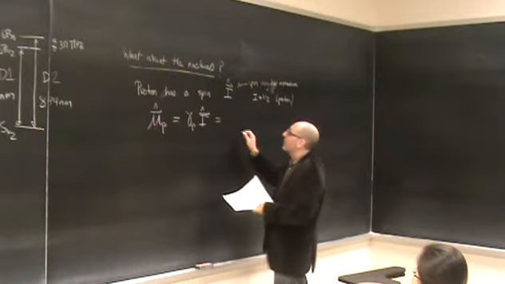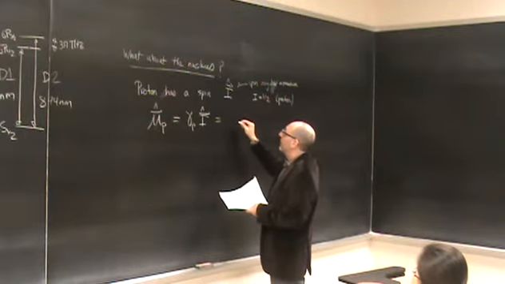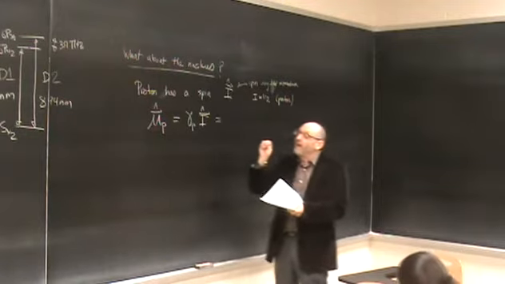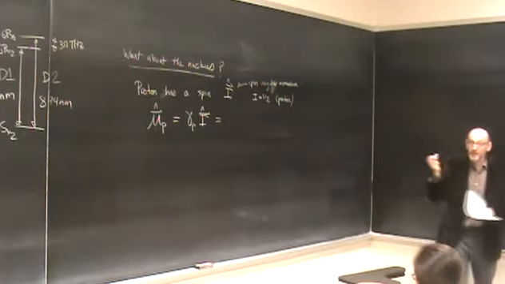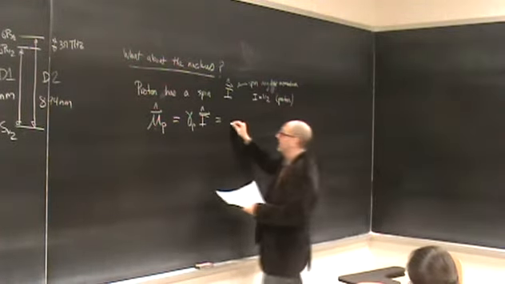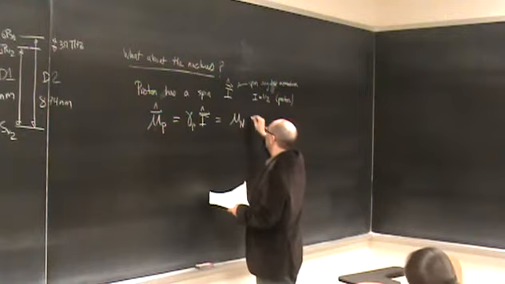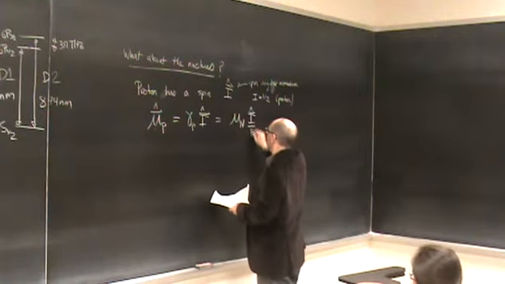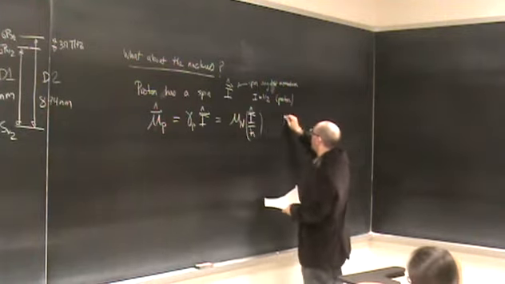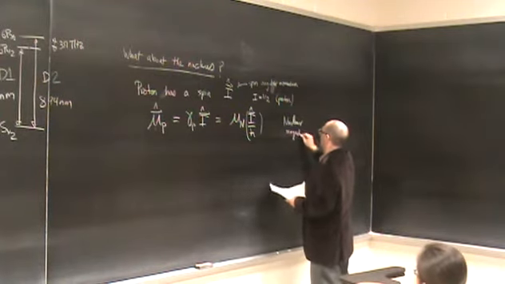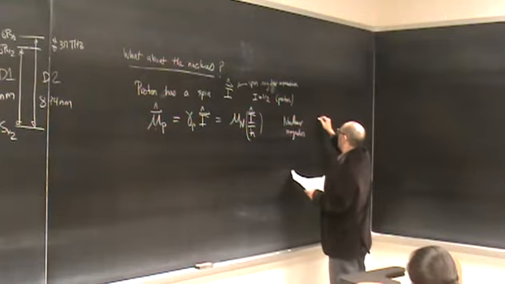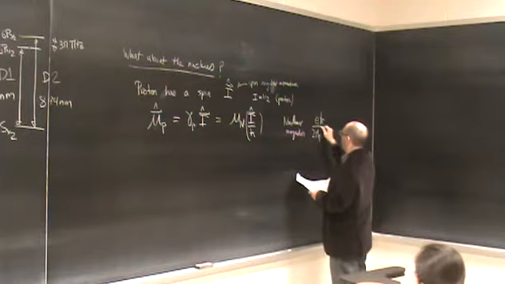But phenomenologically, just measuring it, what we find is that if it were just a spinning ball of charge e with the mass of the proton, then it would be the nuclear magneton, in units of h bar. Where the nuclear magneton is h bar over twice the mass of the proton times c.